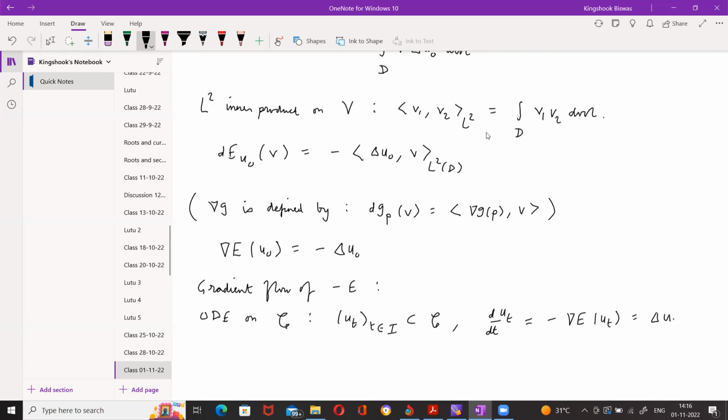So the gradient flow, this ODE on the space C, becomes just the heat equation.